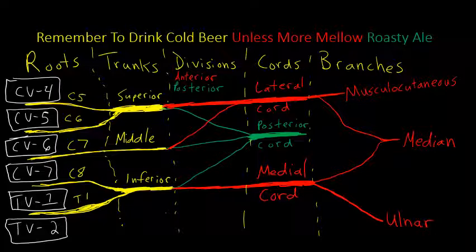So next we'll have the radial nerve, which forms as a branch from the posterior cord.